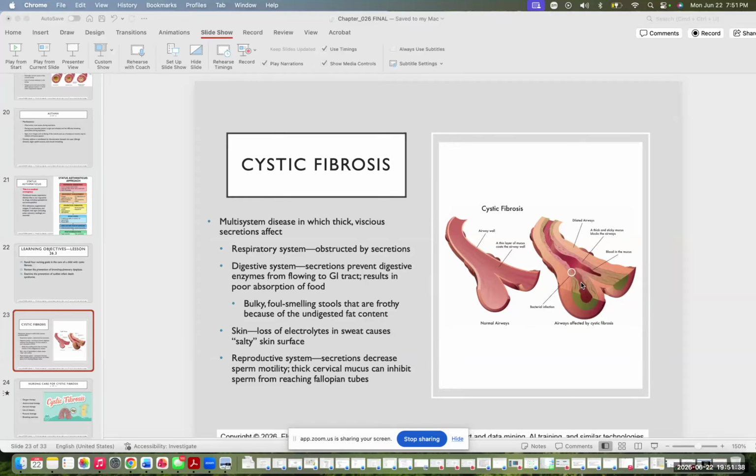They will not gain nutrients. They will not grow appropriately. So you'll see that show up on their growth charts. Failure to thrive. Absolutely. So bulky, foul smelling stools that are frothy because of that undigested fat content.